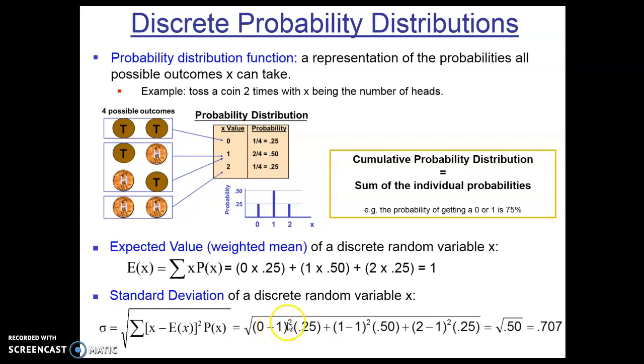We then square that, which gives us 1, multiply it by the probability of that 0 occurring, which is 25%. That's our first operation. Then we add to that the discrete value 1 minus our expected value 1, that equals 0, squared, times the probability of 1 occurring, which is 50%, and that gives us 0. And then you progress accordingly. If you do this correctly, you'll get 0.707.